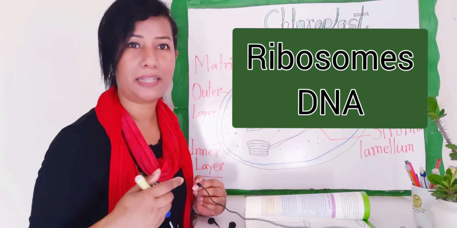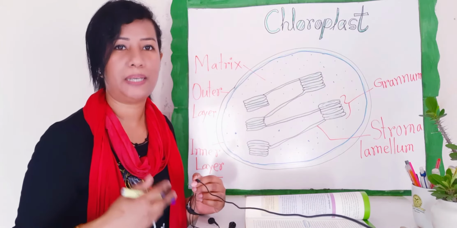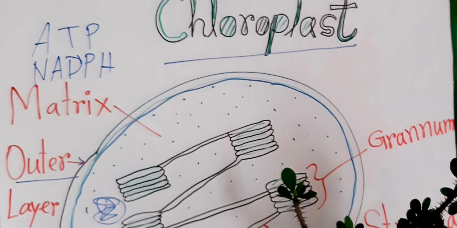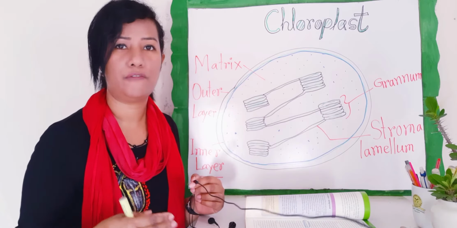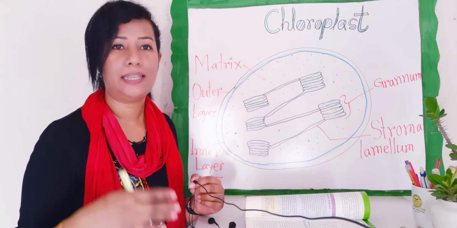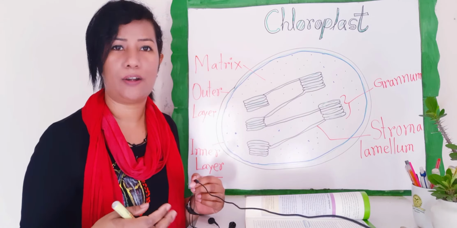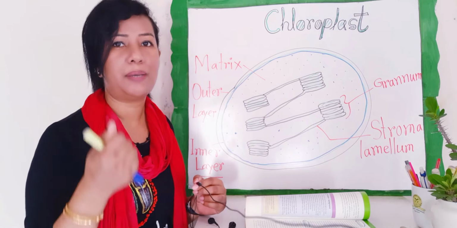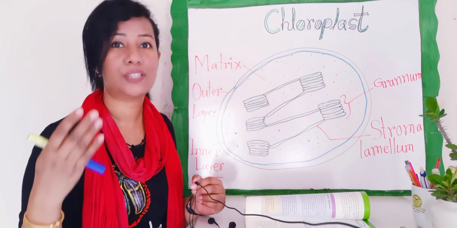You must remember that. The photosynthetic pigment and electron carriers needed for the light dependent stage of photosynthesis, and it can change its orientation within the cell in order to receive the maximum amount of sunlight.